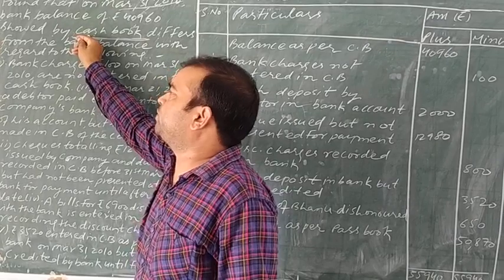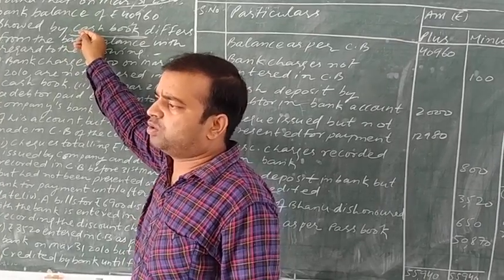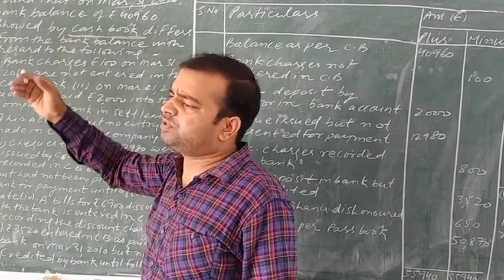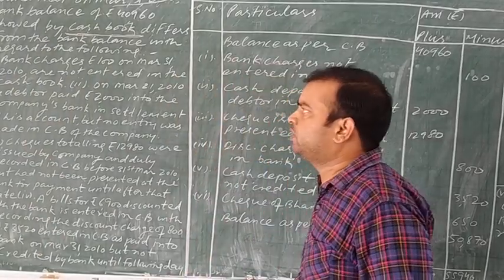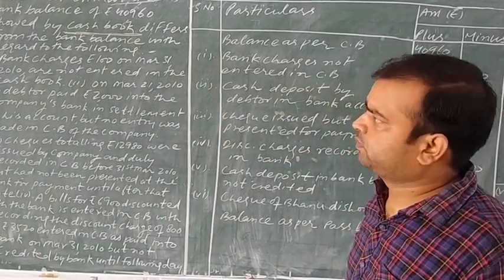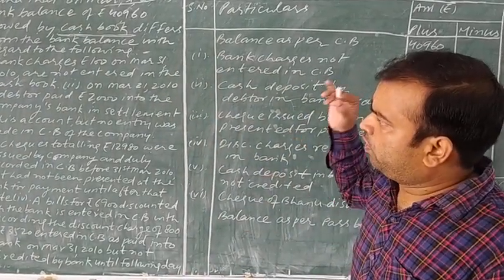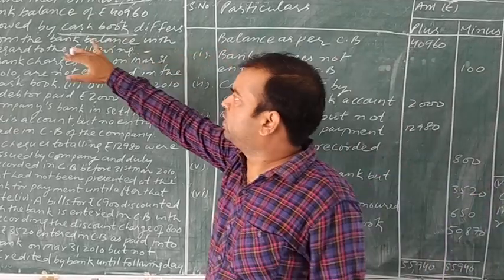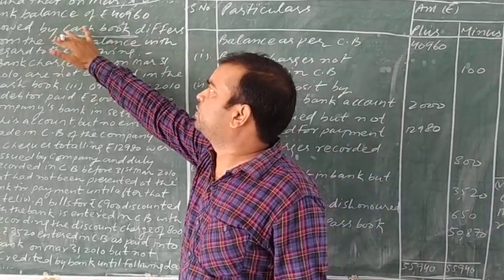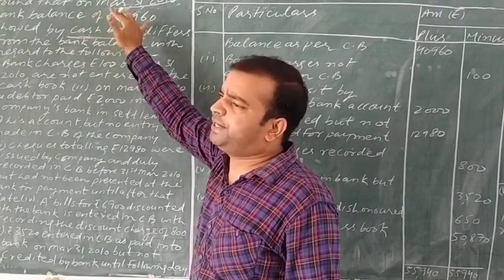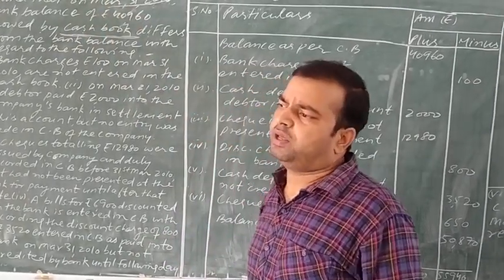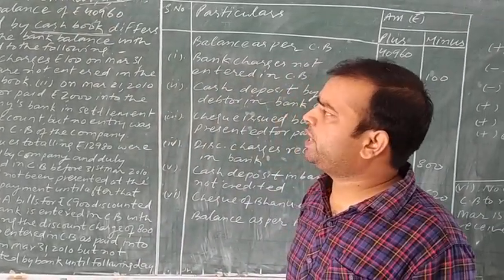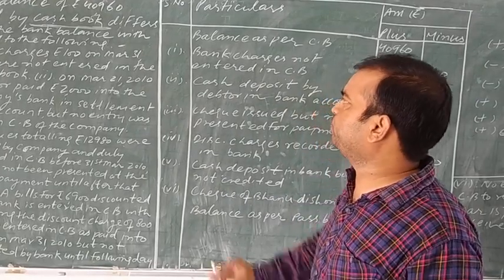In a double column cash book, the amount column is divided into two parts, cash and bank. Within the cash book, the bank balance shown is 40,960.